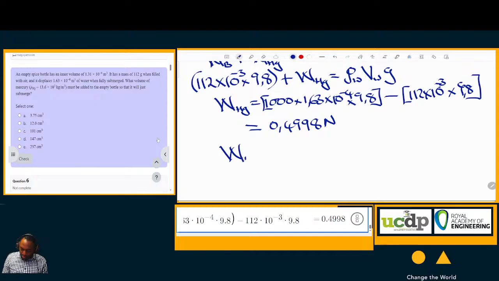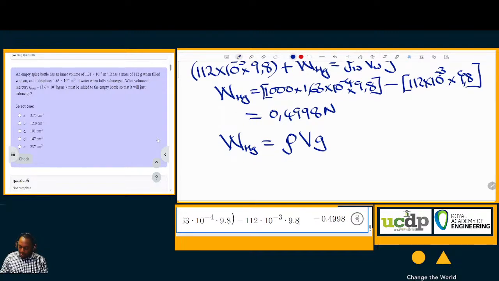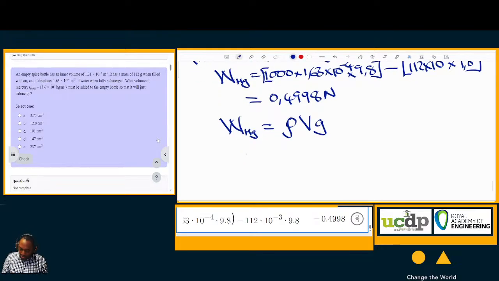But we know that the weight of Hg will be equal to the density of the mercury times the volume times g. Now we know this, right? So now we can make V the subject first. V will be equal to your weight, which we've just obtained, divided by your density and the value of g.